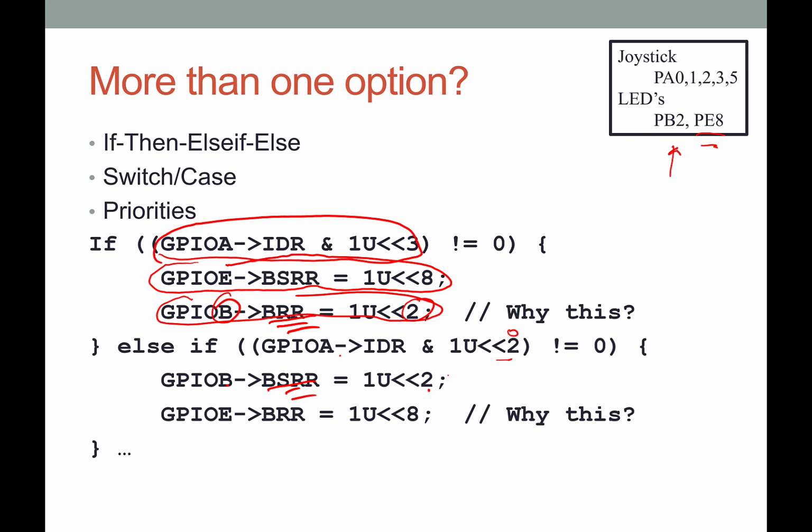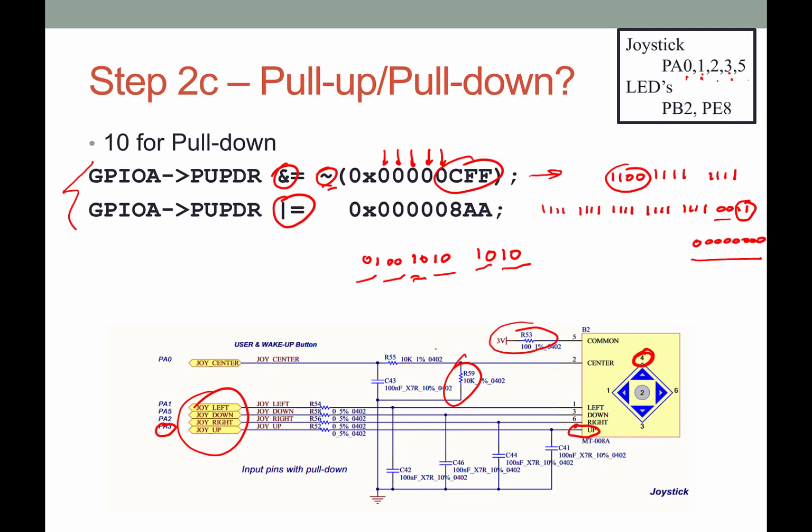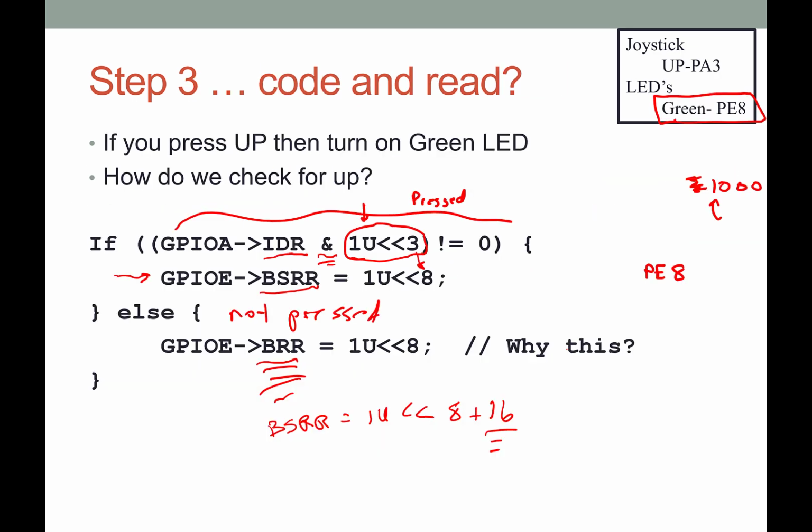So we're going to turn on that LED, we're going to turn off the other one. So we're basically flipping which way they are. Well, what is this? What is GPIO port PA2? Let's see. PA2. Oh, that's the center button. So that's what would be there. So anyways, that gives us the option of what's going on there.